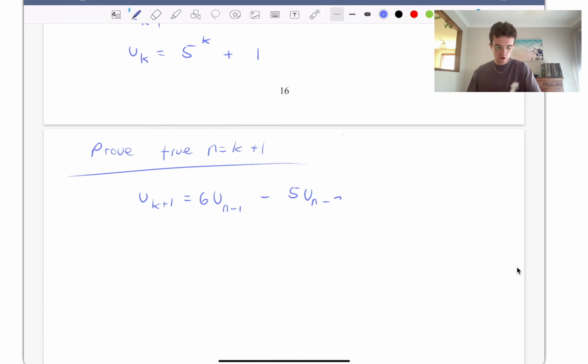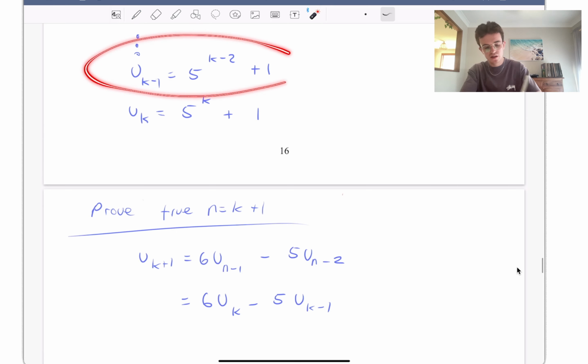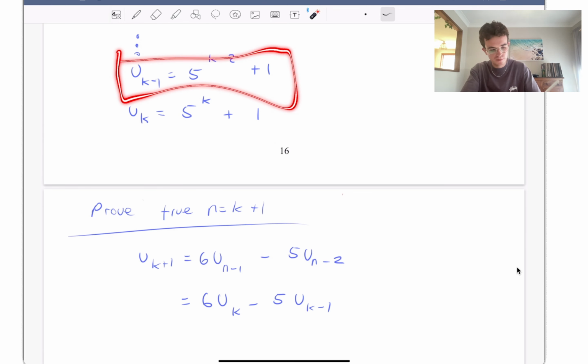Now, n is k plus 1. So 6u(k), since k plus 1 minus 1 is k, minus 5u(k minus 1), since k plus 1 minus 2 is k minus 1. In fact, in our assumption, that's why I wrote out this step. Often we will just write out the one step, but we're going to need this one as well.